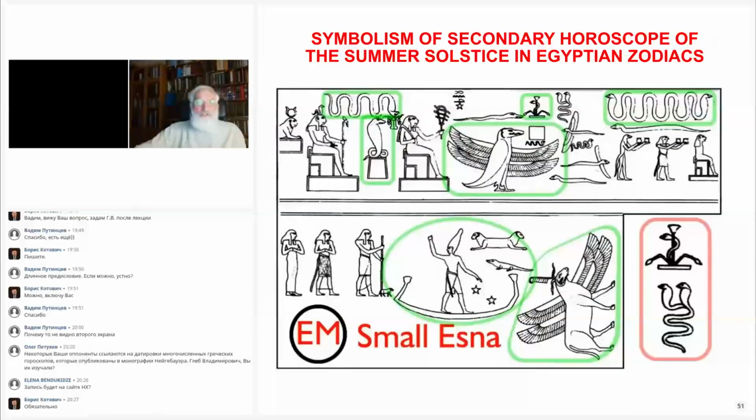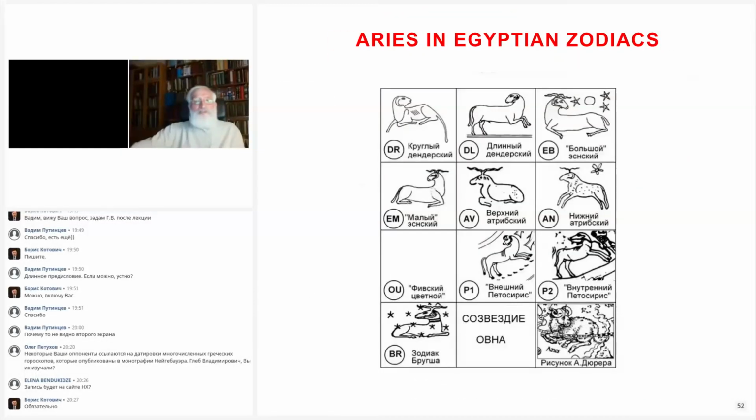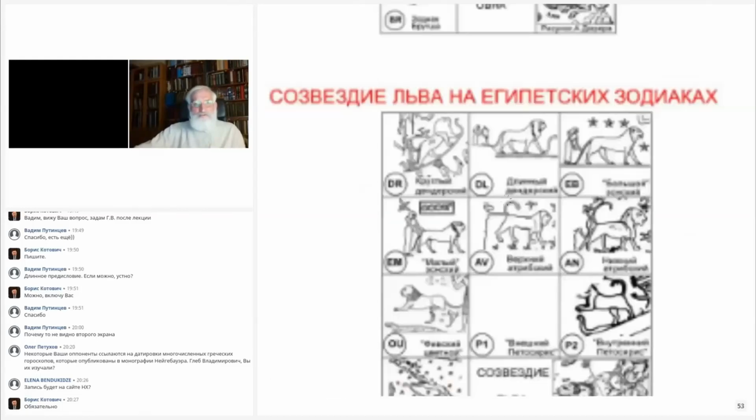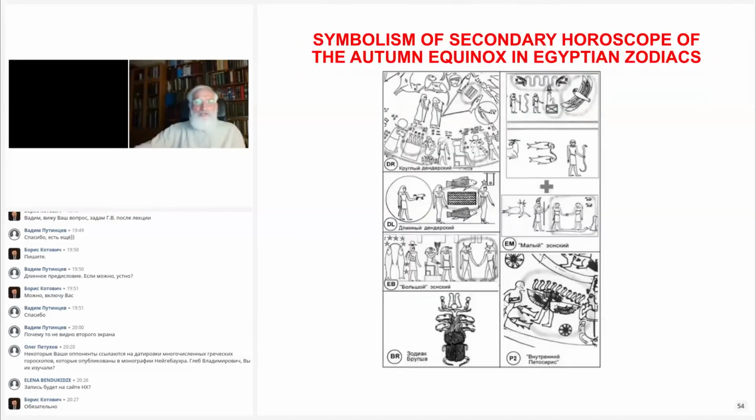And so on. In fact, we compiled tables. Here are examples of tables showing how certain constellations are depicted. All 12 constellations, in all zodiacs. Then, how the secondary horoscope of the autumn equinox is depicted in different zodiacs. All examples. And here, in the comparison, it is very clearly seen how it is done in general.